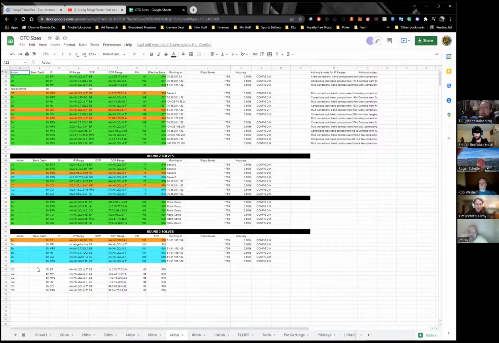We haven't even begun to work on small blind for 60 big blinds. And again, this all comes down to the enormity of the decision tree, which makes these so complicated that they're really time consuming to solve.